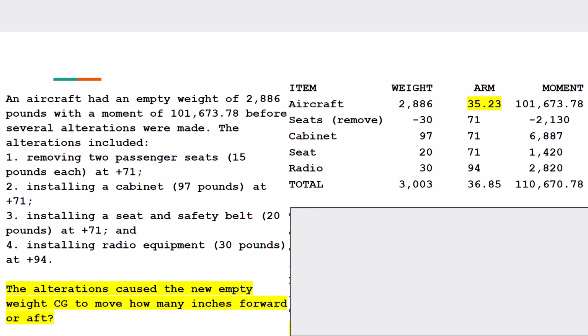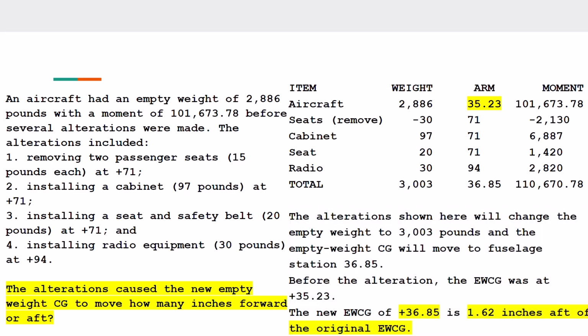Okay, so real quick, this is asking you to first calculate your original CG, which you do by dividing 101,673 by the original empty weight, 2,886. That will get you your original CG, which is 35.23. Now, it's asking you where the CG will move after all these modifications have been done.